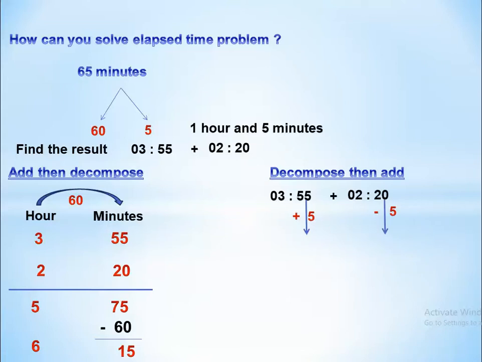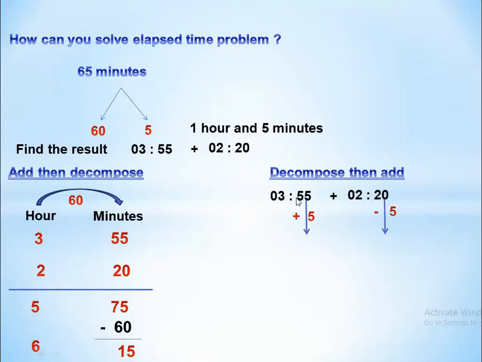This 5 which we add to 55, we will subtract from the other minutes. Okay, again we have 55 minutes. Do you remember compensation? It's near to compensation. So let's treat 55 as 60. If I want to make it 60, we are going to add 5 like this.